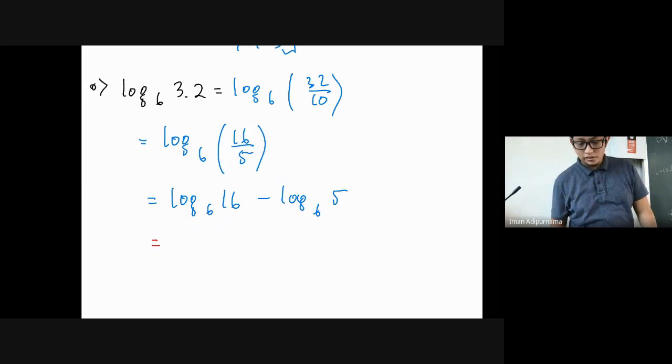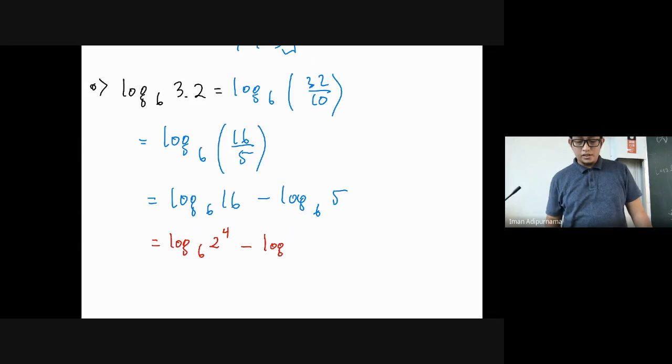Let me write this as log 6 of 2 to the power of 4, and then minus log 6 of 5. I will have the square root, the power of half, like this, or let me write 25.